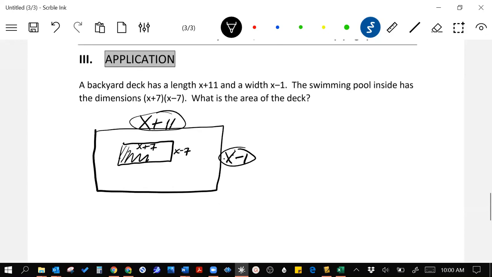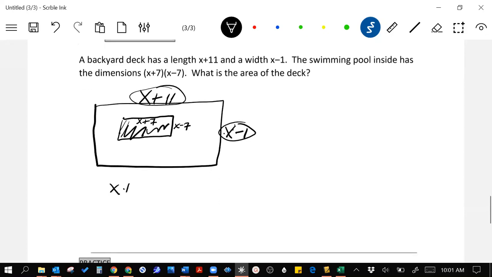And then the swimming pool part here, where the water is, all of that, we're going to subtract. So what we're really going to do is x plus 11 times x minus 1. That's the area of the large one. Subtract the area of the smaller one. And that's x plus 7 and x minus 7.